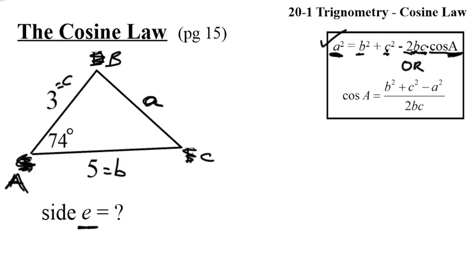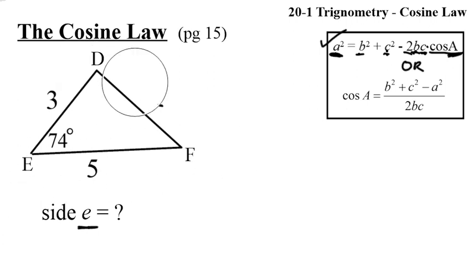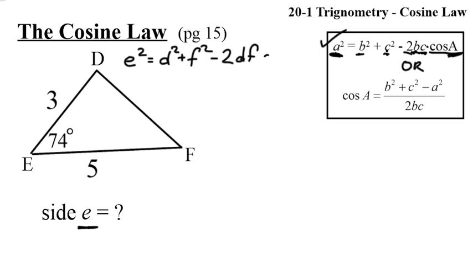You can change the labeling on the triangle, or you can change the labeling in the formula. Geeky math people like myself, you should really be able to change the formula. E squared is D squared plus F squared minus 2dF times cosine of E. So substitute into that.